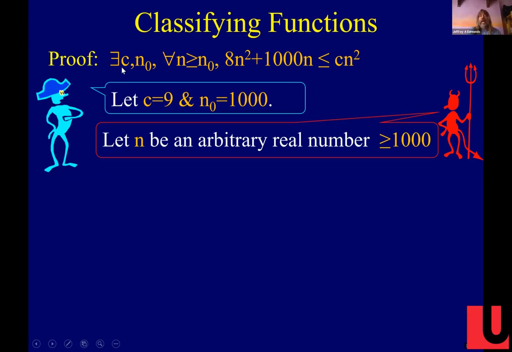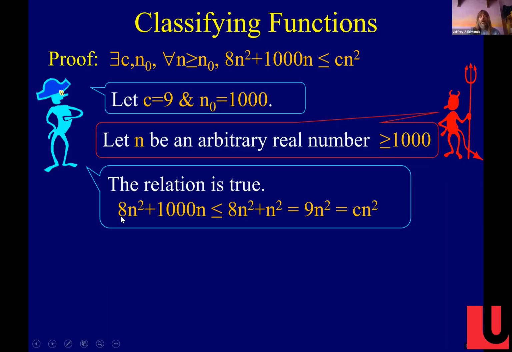I came up with these constants, and then the adversary comes up with a really big n. So let n be an arbitrary, sufficiently big number, bigger than my 1,000. Then we have to prove this. How do we prove it?